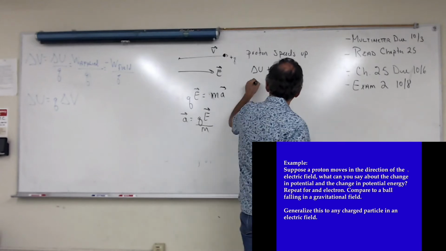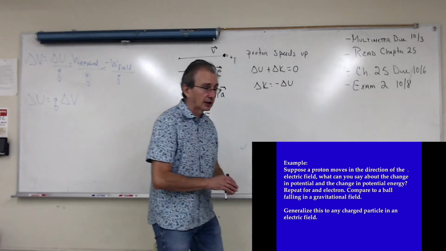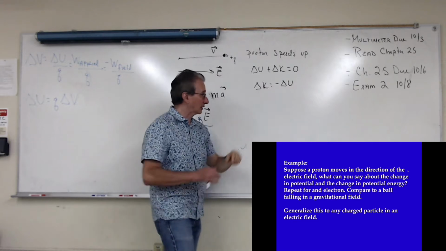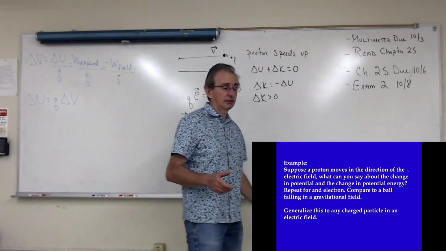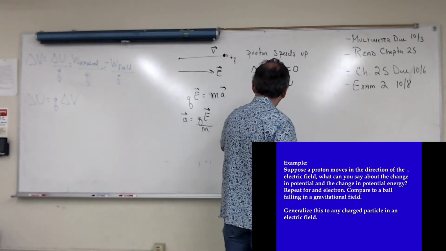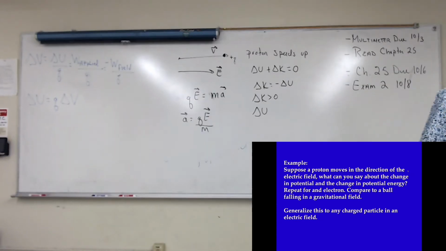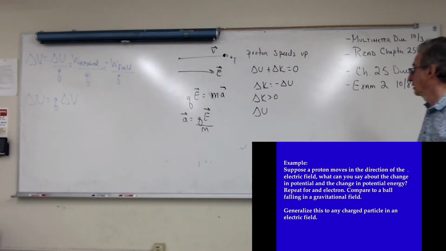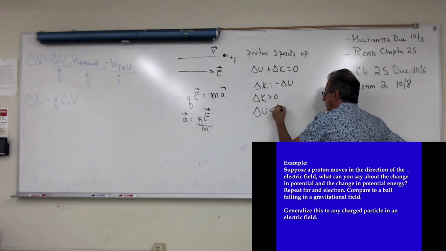So delta K is minus delta U. Delta K is greater than 0 because it's speeding up. So what must be true of delta U, positive or negative? This is from conservation of energy, Physics 205. If delta K is positive, delta U has to be negative. Delta U is less than 0.